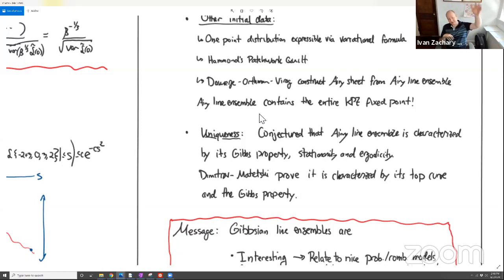So the boundary data given by the top curve completely determines the entire line ensemble. In particular, if you have two line ensembles whose top curves are both the Airy 2 process minus a parabola, that implies that they're both actually the Airy line ensemble. And that could be useful because if you're trying to prove that the KPZ line ensemble goes to the Airy line ensemble, but you can only prove that the top curves converge, you could probably turn this into some sort of effective theorem that would imply the entire line ensemble converges.